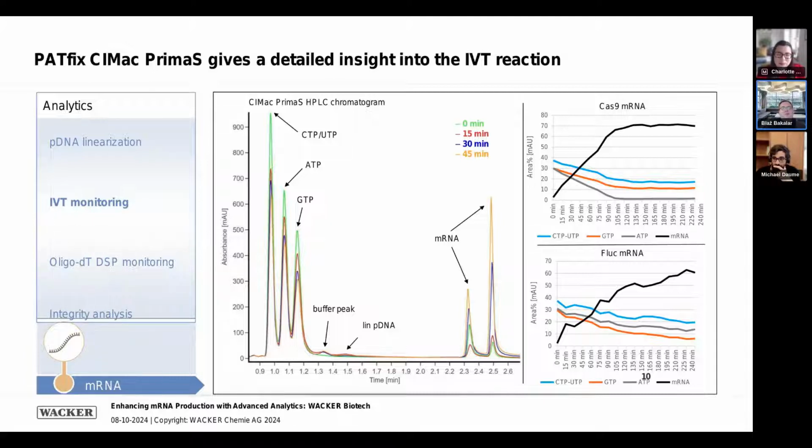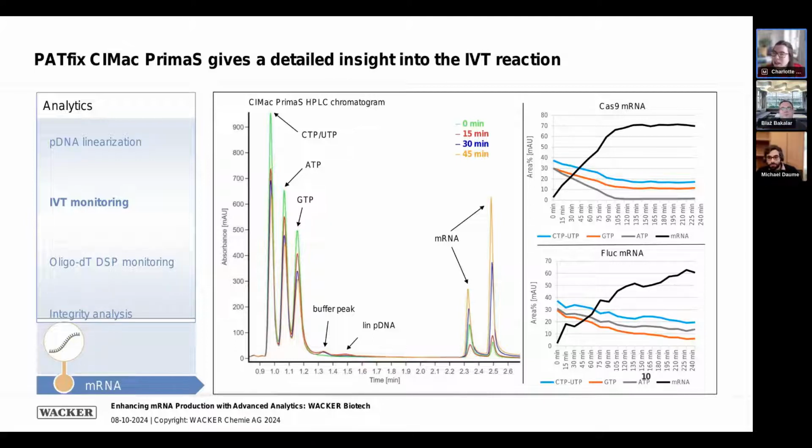The two peaks that we observe, we linked them probably to different mRNA conformations being present on the column that gives them slightly different behavior. However, we have managed to recently modify the method so that the mRNA itself elutes as a single peak, and we'll be rolling that out to the PATfix platform as soon as we have extensively validated and tested the method.